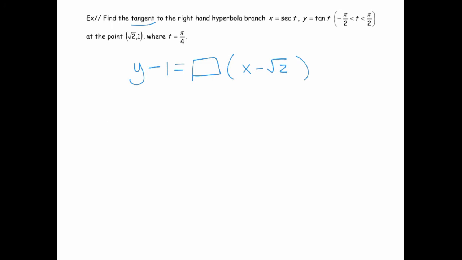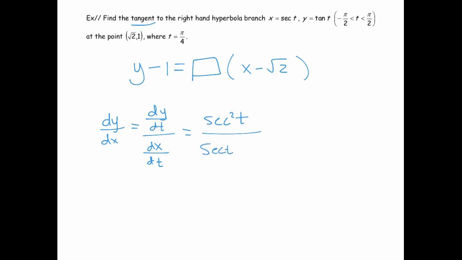So dy/dx will be dy/dt over dx/dt. But dy/dt is the derivative of tangent of t, which is secant squared, and the derivative of secant is secant tangent. And we're evaluating this at pi over 4.